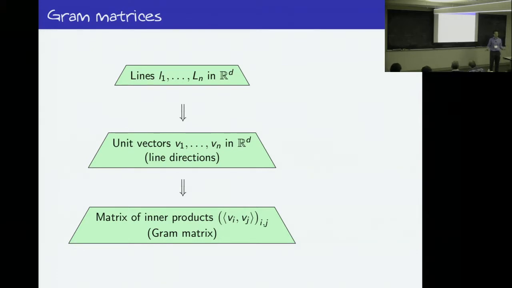So I get a bunch of unit vectors, and the condition on the angles being the same translates into a condition on the inner products. So I can look at basically all the inner products. It makes a matrix called the Gram matrix. So I have a condition on this matrix.